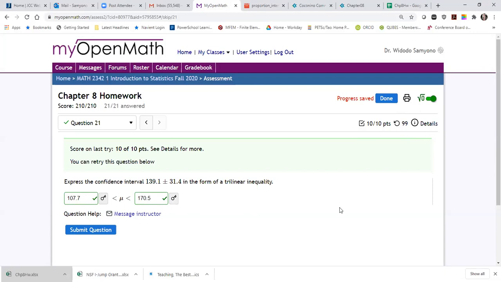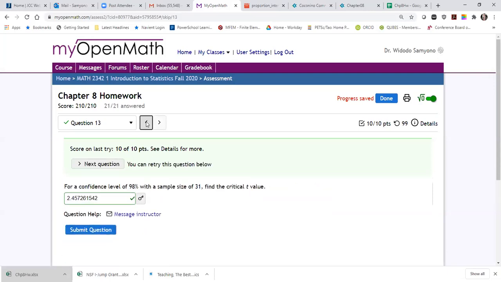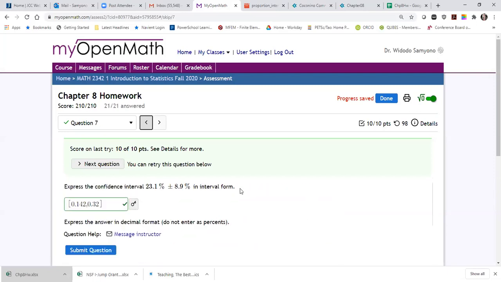Okay. So do you have any question? Can you show number 7? Okay. Number 7. You need to put using the parentheses.